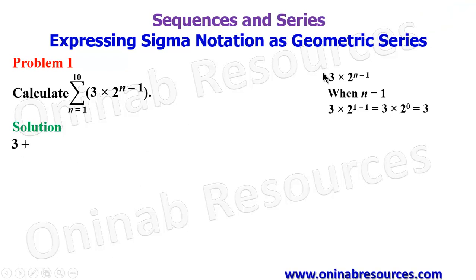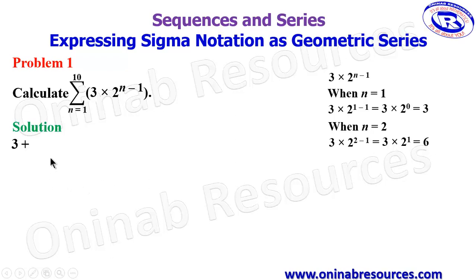Then plus, when n is equal to 2, that gives us 3 times 2 raised to power 2 minus 1, and 2 minus 1 gives 1. So we have 3 times 2 raised to power 1, which gives 6. So the next term of the series is 6.